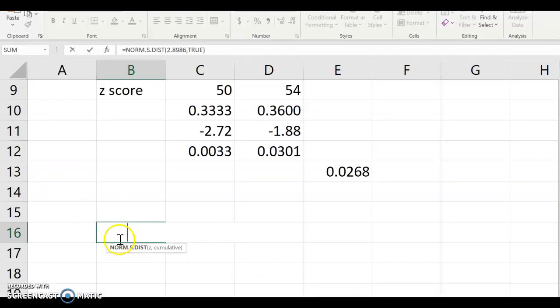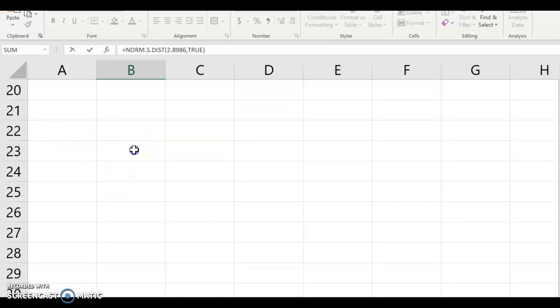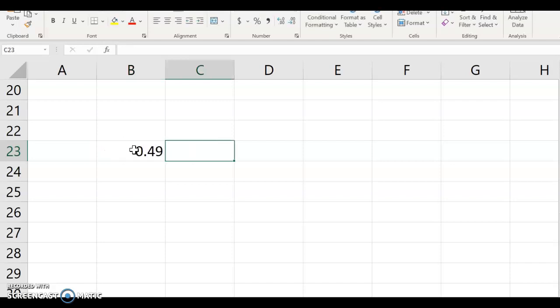Alright, let's start with 49%, which would be 0.49, and the 0.59.